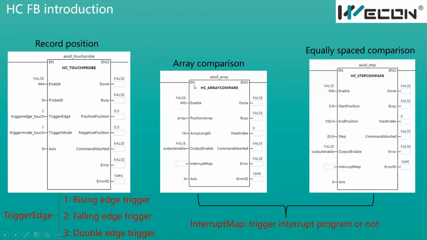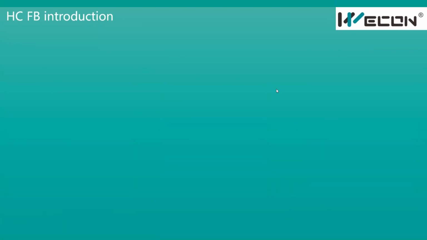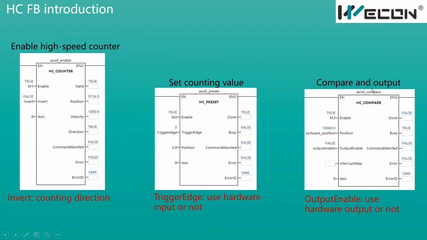Here we have another function block. We call it area comparison. This function block, and also this step space comparison, these two function blocks are similar to this compare function block.